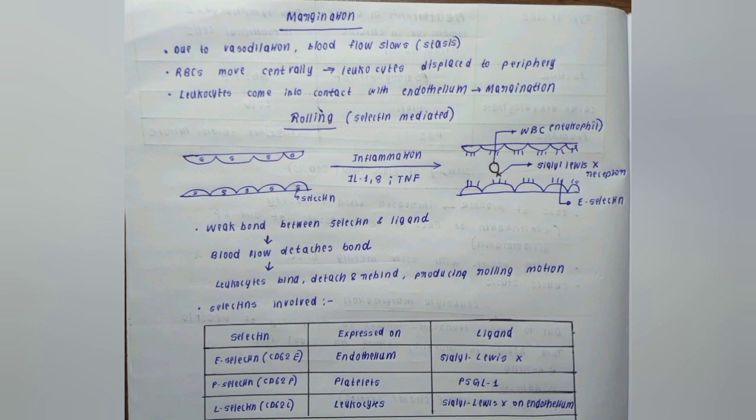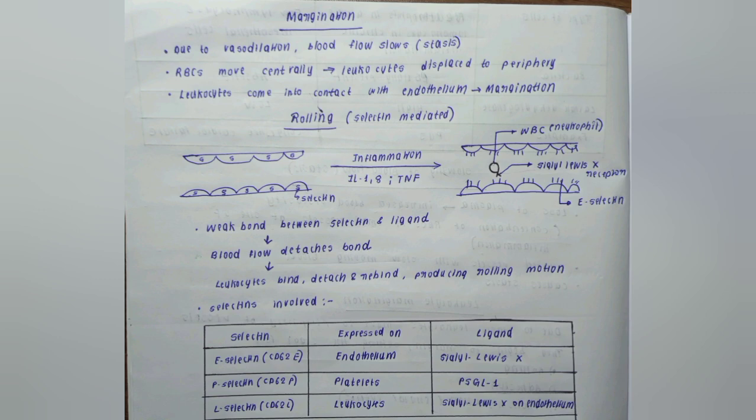There are some specific receptors in the neutrophils which bind to these selectin molecules that have been projected out. That's what is happening in the second diagram. There is something called a Sialyl-Lewis X receptor in the neutrophil. It binds with the selectin molecule, and since this selectin is present in the endothelial cells, it is known as E-selectin or endothelial selectin.